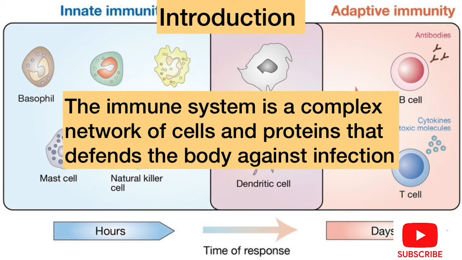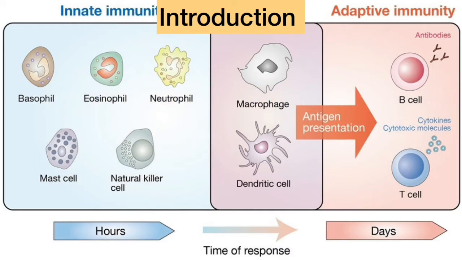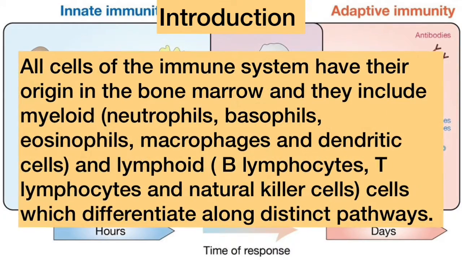The immune system can be defined as a complex network of cells and proteins that defends the body against infection. All cells of the immune system have their origin in the bone marrow, and they include myeloid and lymphoid cells, which differentiate along distinct pathways.